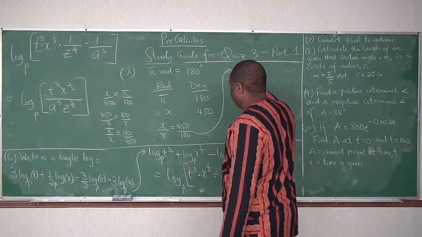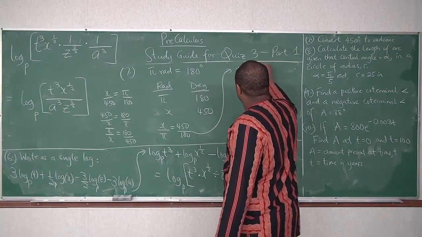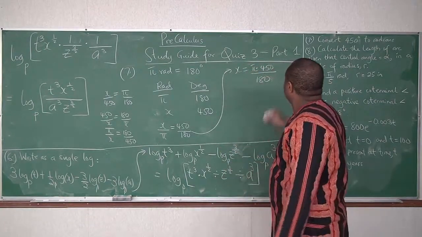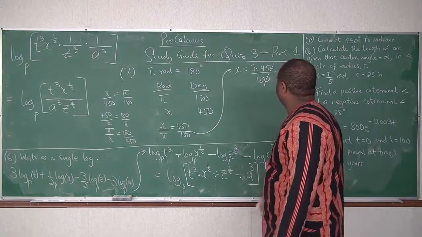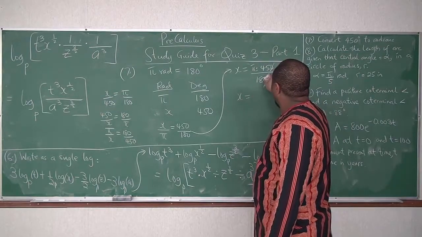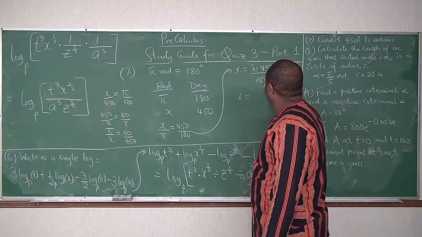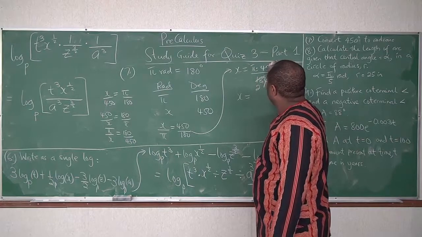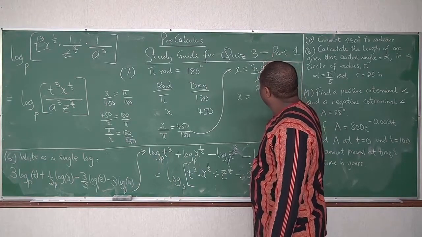So x will be pi times 450 all over 180. So this 0 cancels 0. x will be, 3 can go into 18, right? Or 9. 9 can go into 18 to give you 2. 9 goes into 45 to give you 5.